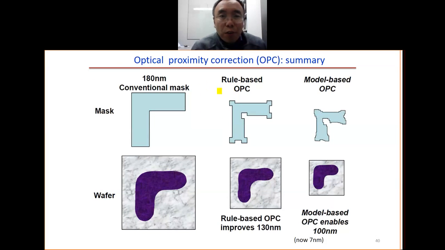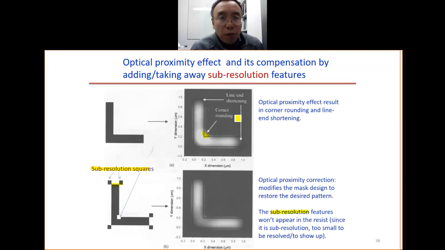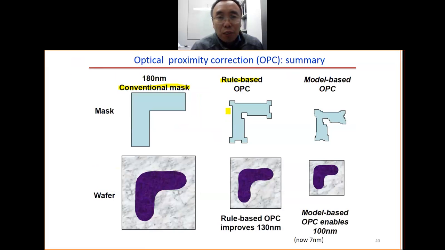This is the summary for the optical proximity correction. Without OPC, this is called a conventional mask, and we have the feature size rounded. This one is the rule-based, so we know what to do by experience. We add something, reduce something, and we get better feature size, down to 130 nanometer.